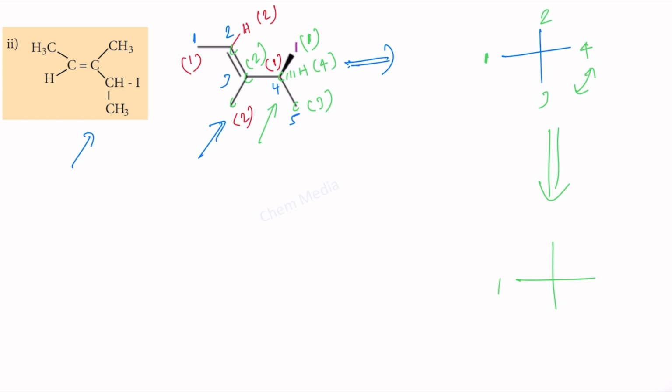Therefore 1, 2, 3, 4. Now this is clockwise. That means R, but we did a swap.